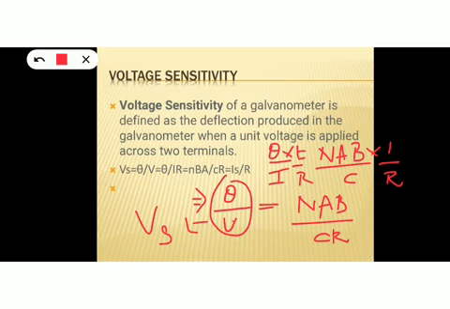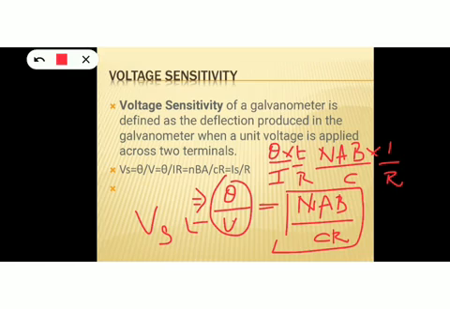The expression for voltage sensitivity is NAB by CR, where N is the number of turns, A is the area of the coil, B is the magnetic field, C is the restoring torque produced per unit twist, and R is the resistance.